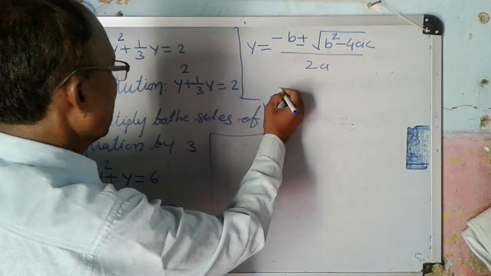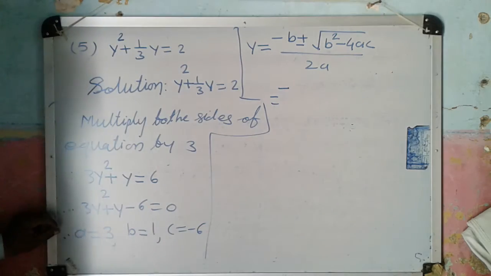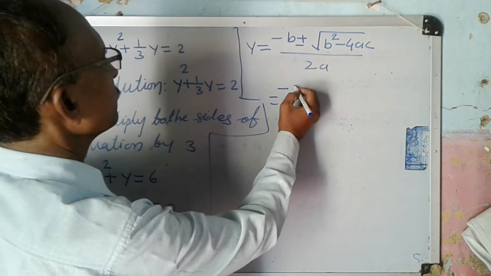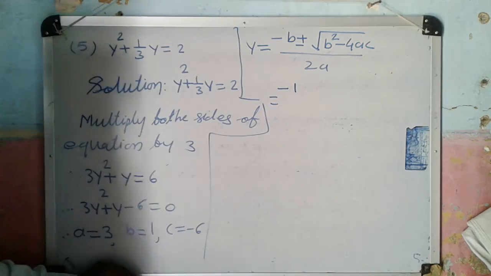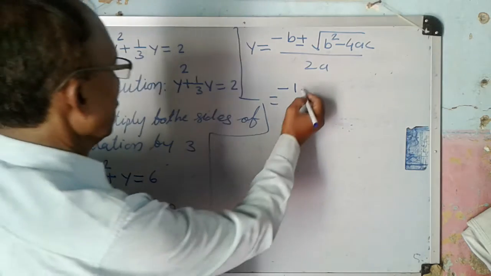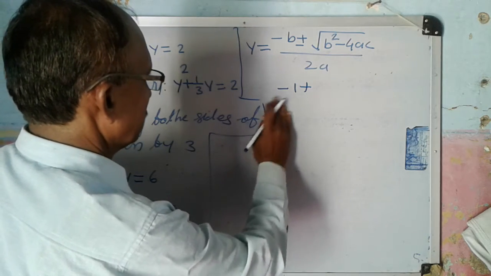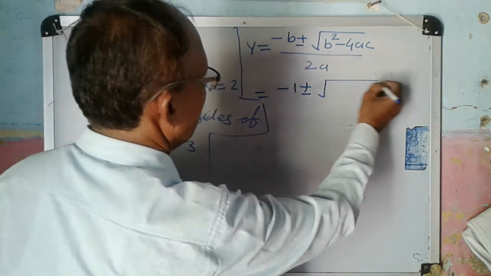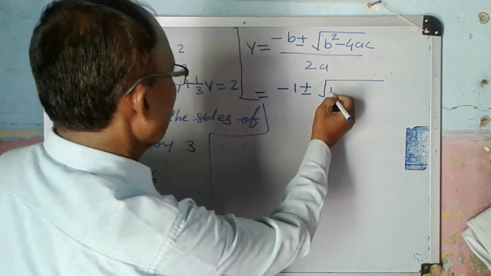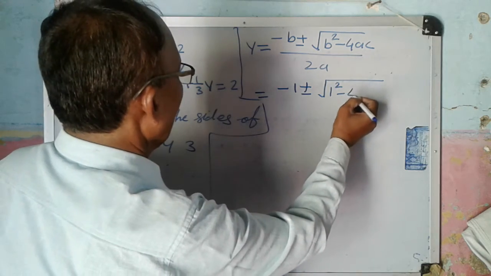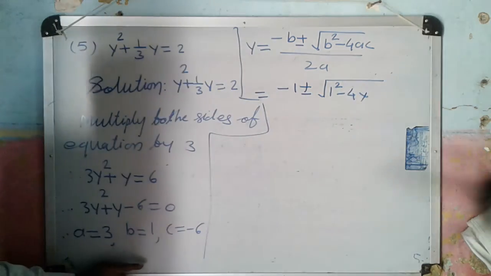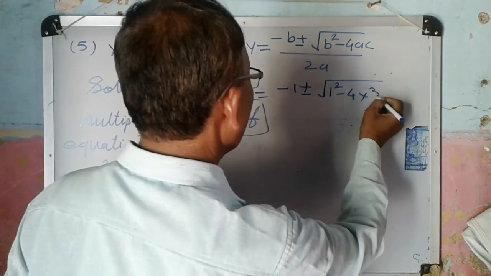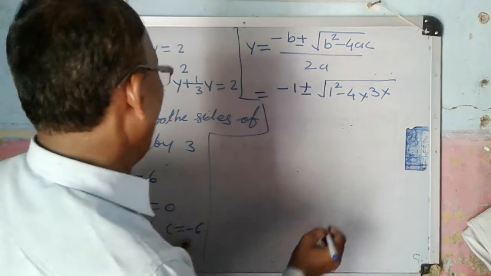So minus sign as it is from the formula, and then put the value of b is 1 plus or minus b square, that is 1 square, minus 4 into the value of a and c, into 3 into minus 6.